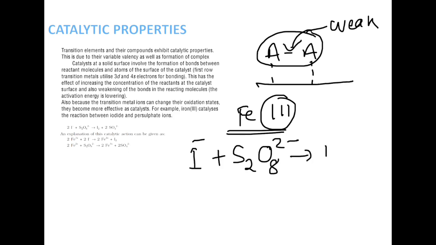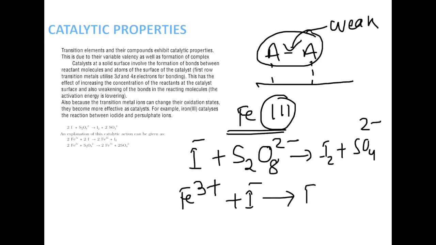to form I2 and sulfate. How? First, Fe3+ can act as an oxidant, and I- can act as a reductant, so that the ferric form is converted to ferrous and iodide is converted to iodine, and the ferrous form also acts as a reductant.